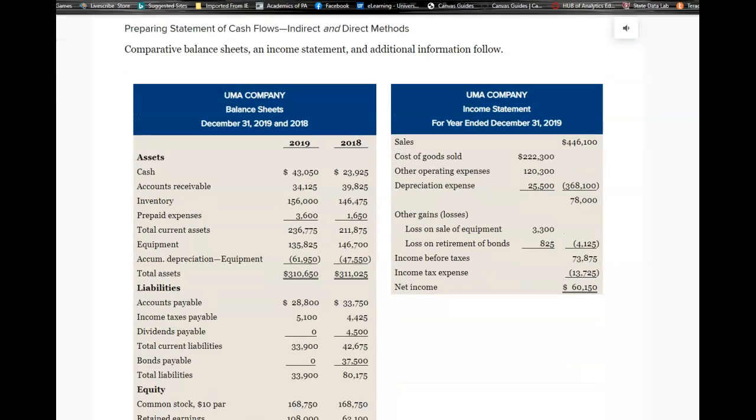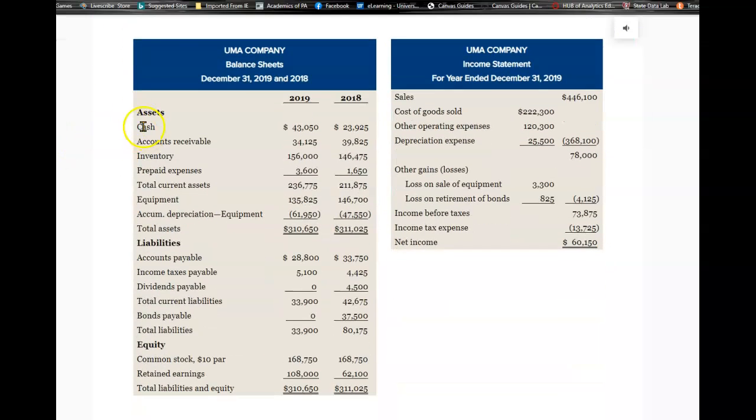The information they've given us here is comparative balance sheets for this company, and an income statement for the year ended December 31st, 2019. On that same date, December 31st, 2019, and then for 2018, we have the balance sheet with all of the figures. The important thing here is that the reason you have two balance sheets is that the income statement is a period statement, while the balance sheets are static statements at a point in time.